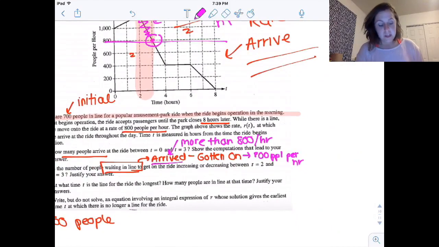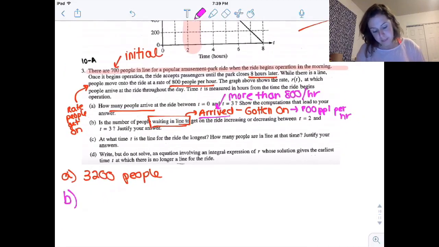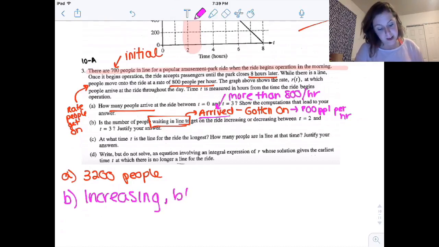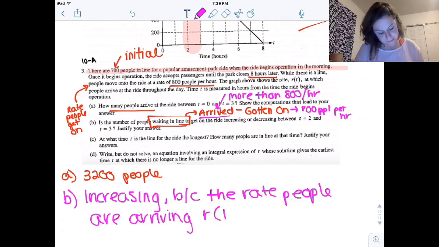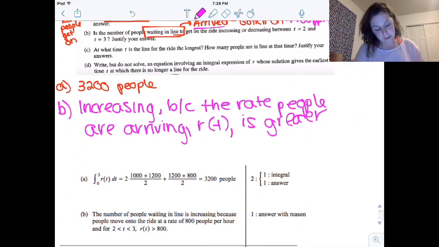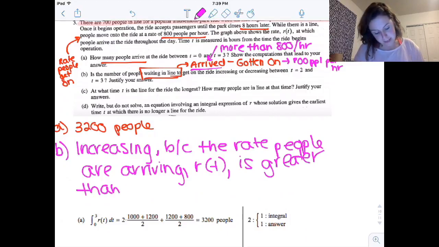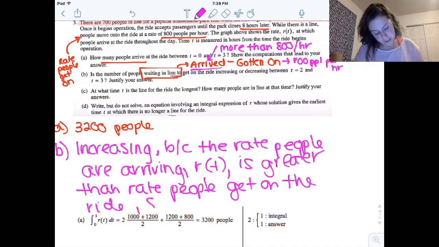So the number of people waiting in line should be increasing, because the rate people are arriving, which I know is R of t, is greater than the rate people get on the ride, which is 800 people per hour.